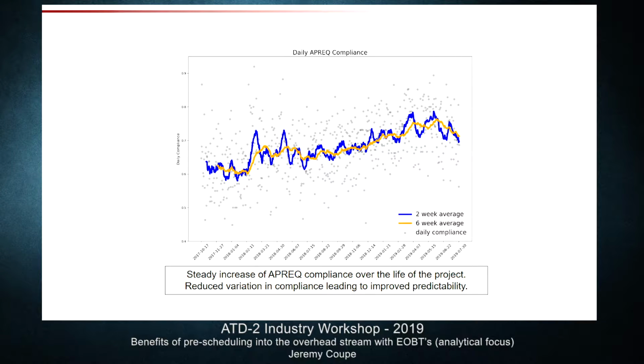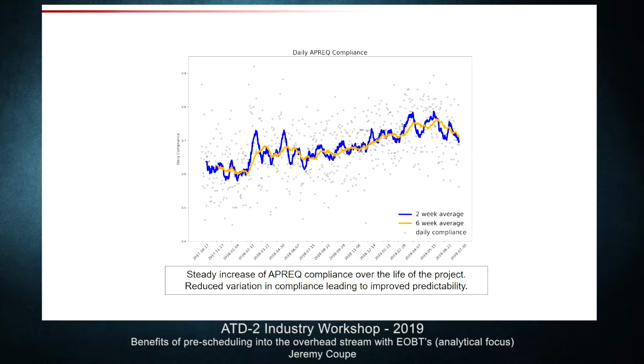Those gray dots are the daily compliance for any given day. So each gray dot represents a day. If, say, 72% of the APREQs were compliant on that given day, we would plot a gray dot at 72. Then you could say, can I calculate the moving average of these gray dots? Here, the blue line represents that 2-week moving average, and the orange line represents that 6-week moving average.